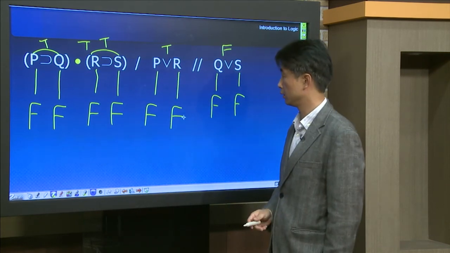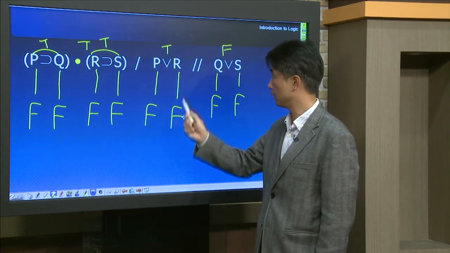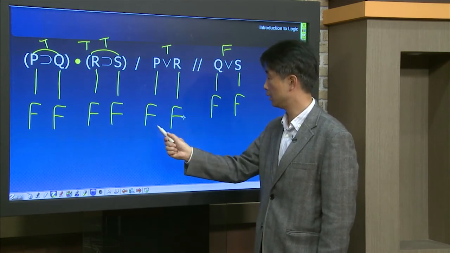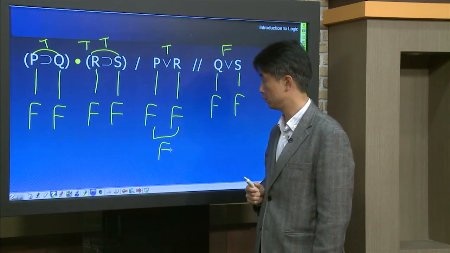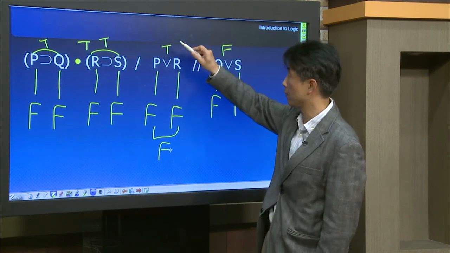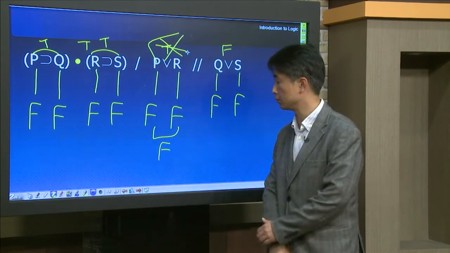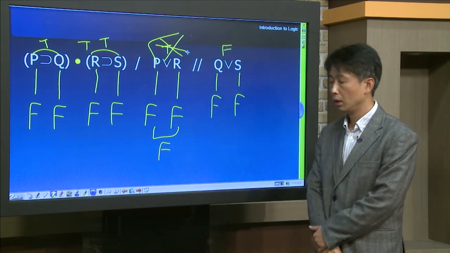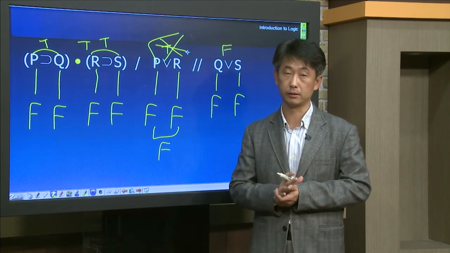Now, look at here. If P is F and R is F, P or R has to be F. So that means I cannot make the second premise true. Okay? I cannot make the second premise true. So what this means is that I have failed.